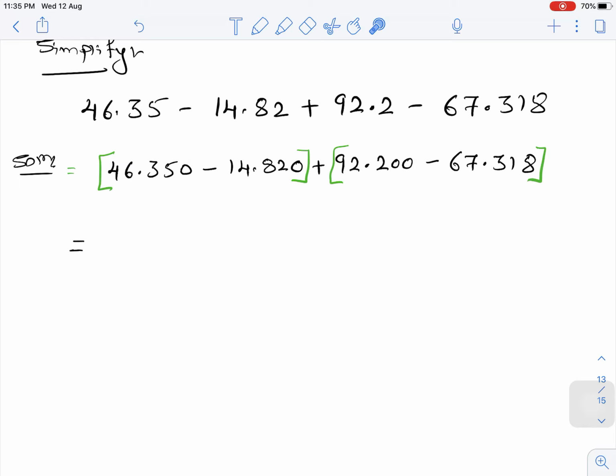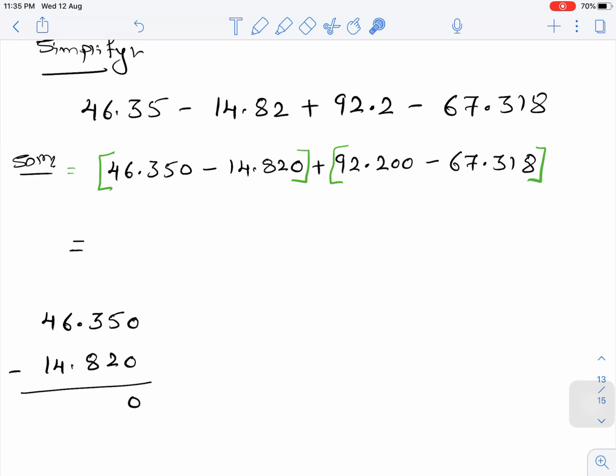14.820, okay. For our convenience I am doing that subtraction as a rough part, okay. 46.350 minus 14.820. Now 0 minus 0 will become 0 only.